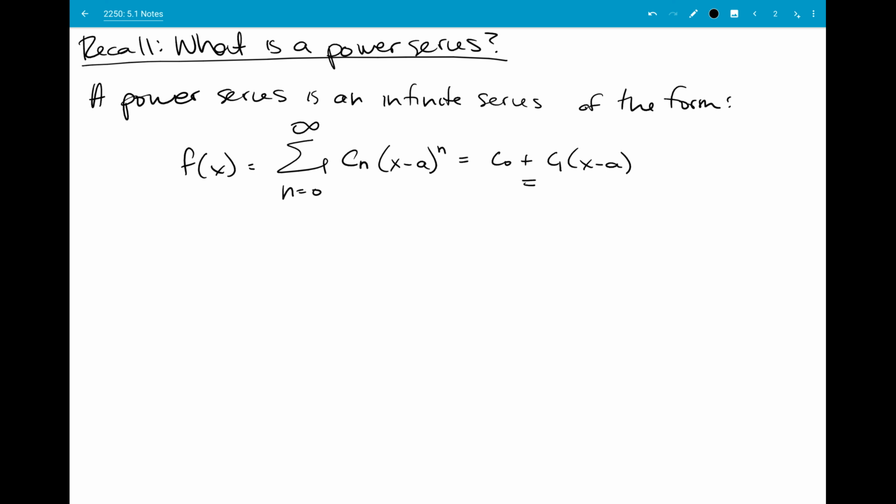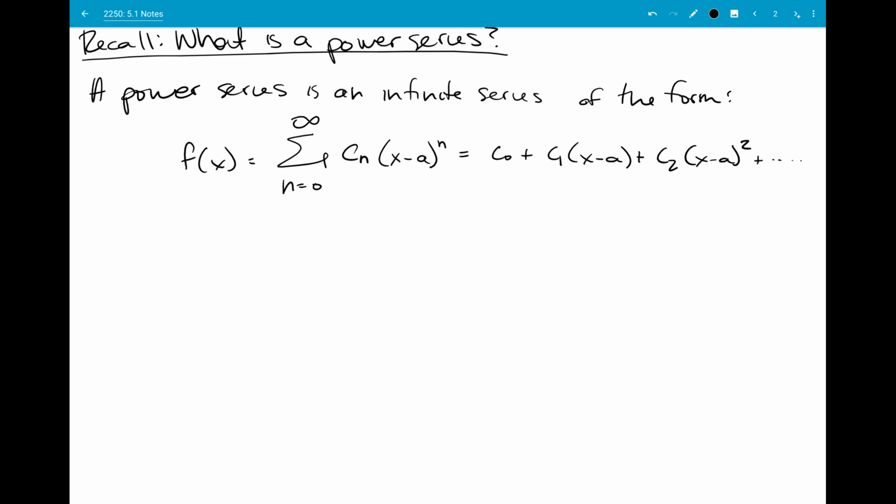And it's an infinite sum, so we add these things together. And then c2 x minus a squared, so on and so forth. That one comes from plugging in n equals 2. And that's how it's built.